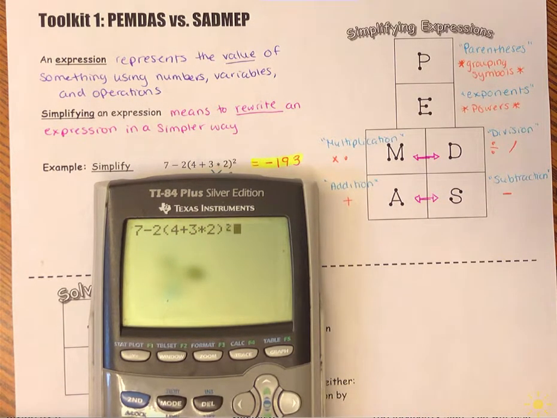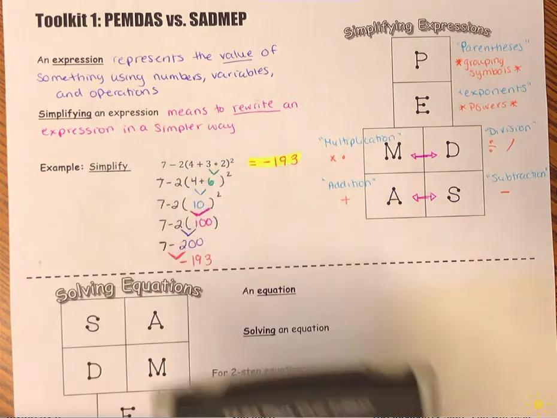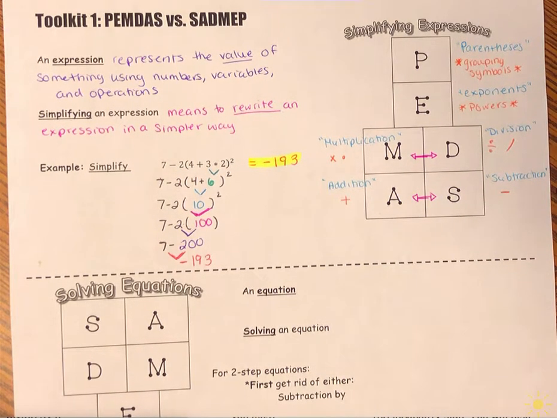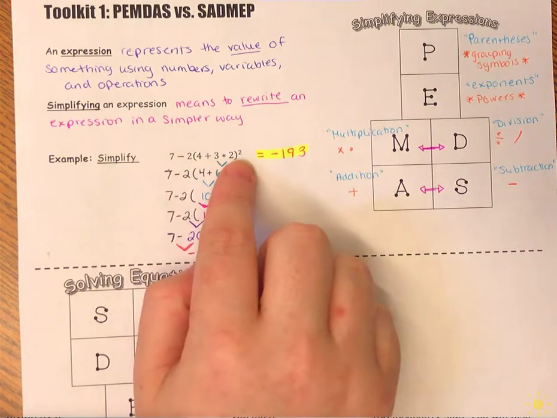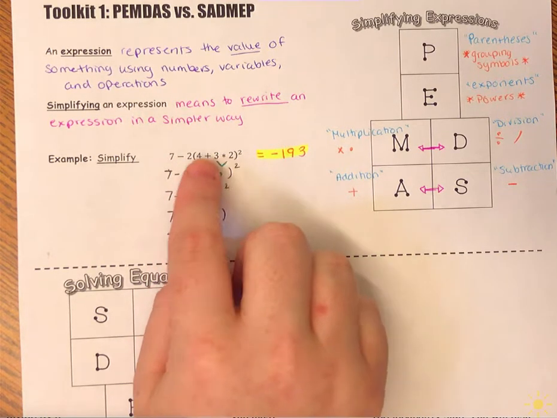I'm going to square it. I'm going to press enter. I get negative 193, so I do know that this is correct. Your calculator does order of operations for you, so you need to make sure that you type it in exactly as it says, and you understand what parentheses do.